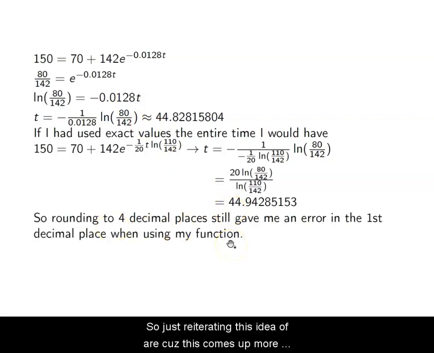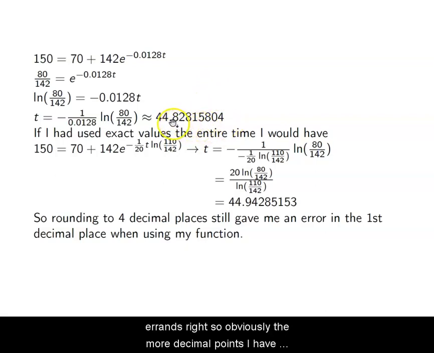So just reiterating this idea of error, because this comes up more now when you're calculating exponentials and logs and natural logs, this is where the errors start to accrue. We'll see it when we do the trig stuff as well. So it's important to point out continually that whenever we have a decimal and we have to round down or round up at some decimal point, we're having some error.